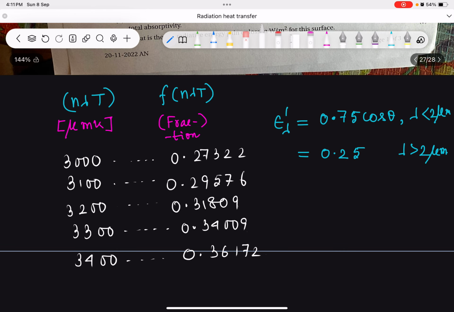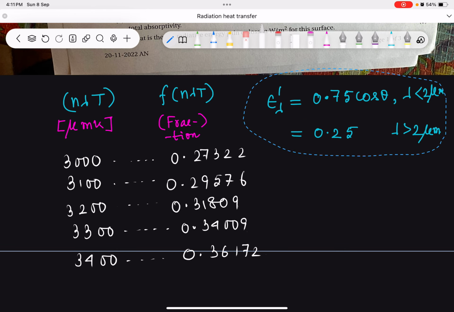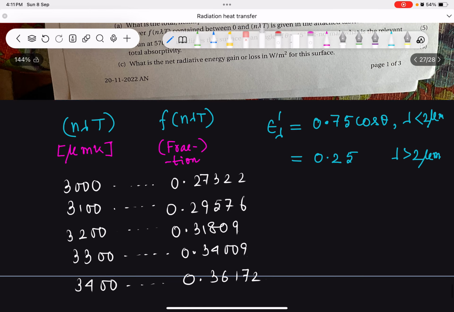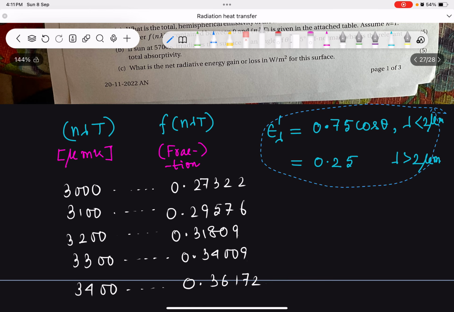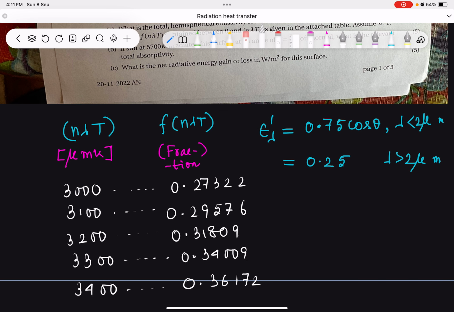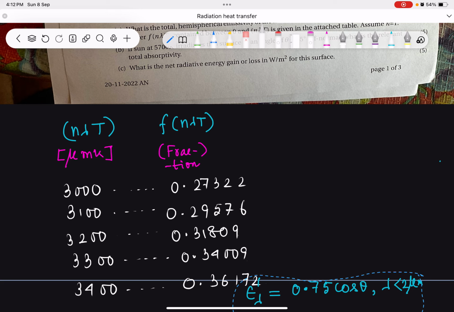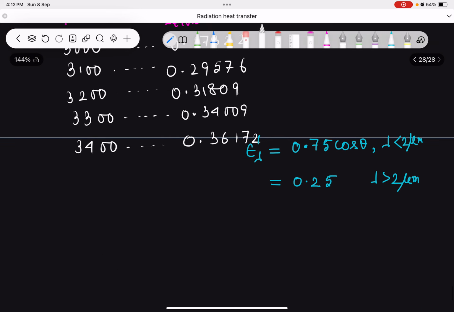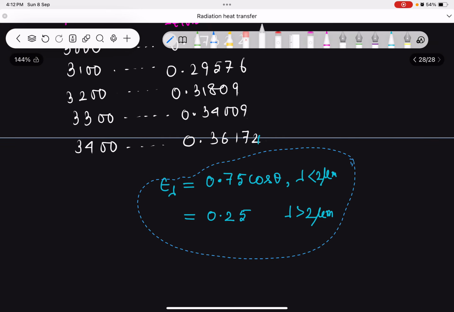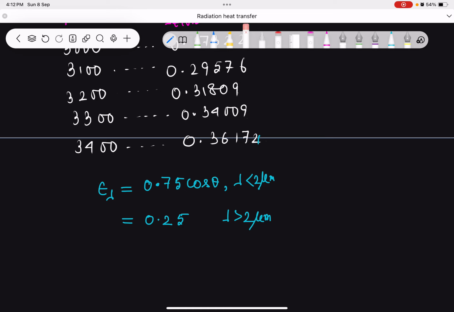Now I will copy this and put it here, copy it again and put it here, and put this dash here. So this is what is given to us.